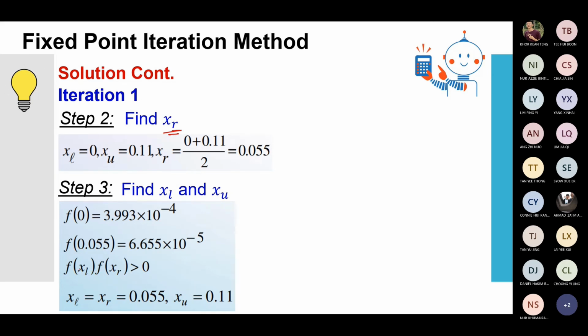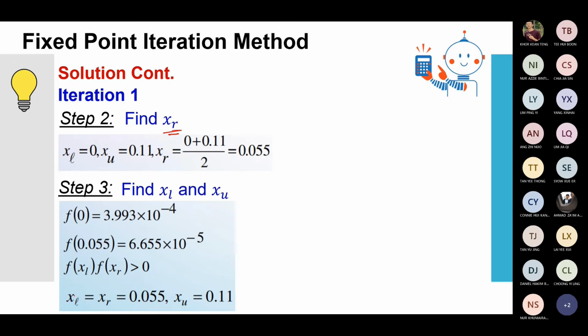So when F(XL) multiplied by F(XR) is greater than 0, what must stay? The upper limit must stay, and we replace the lower boundary with the new value.